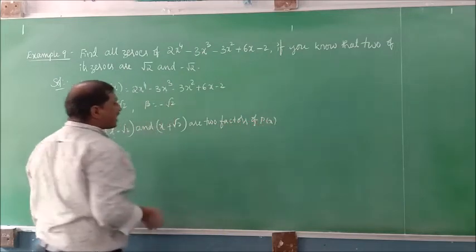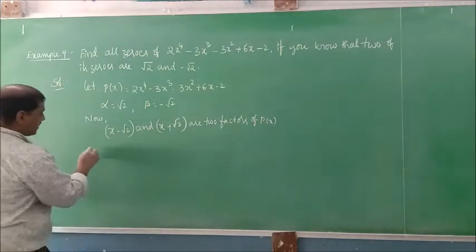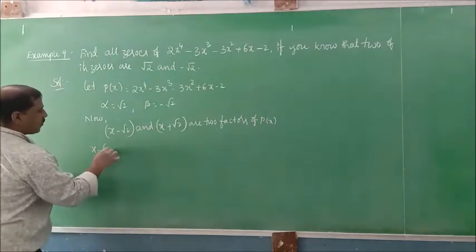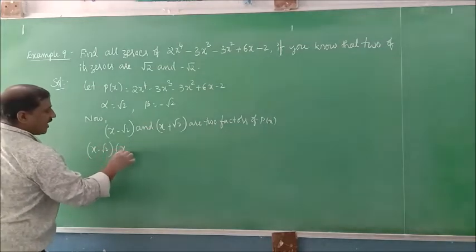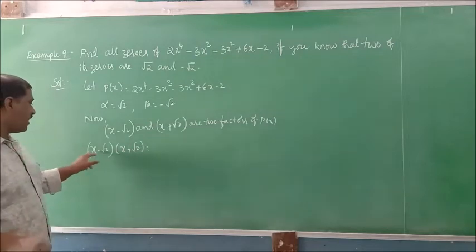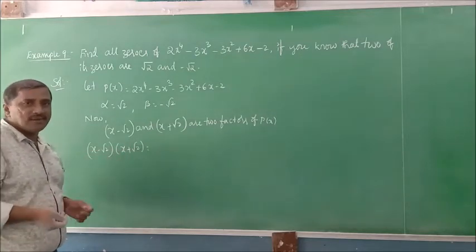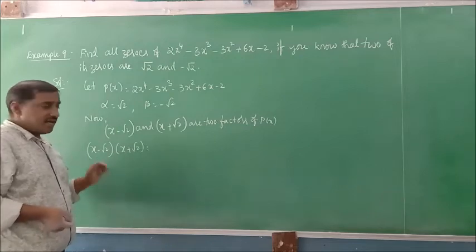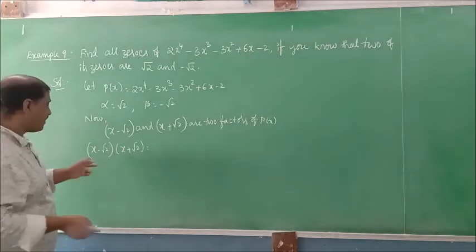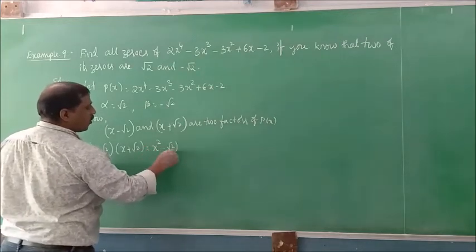So if two factors we know, the product of these two, that is x minus root 2 into x plus root 2, is in the form of a minus b into a plus b, or a plus b into a minus b, the algebraic identity. That is a square minus b square, which is equal to x square minus root 2 whole square.